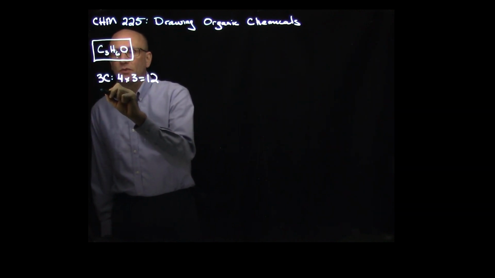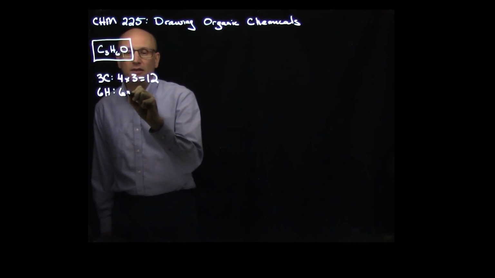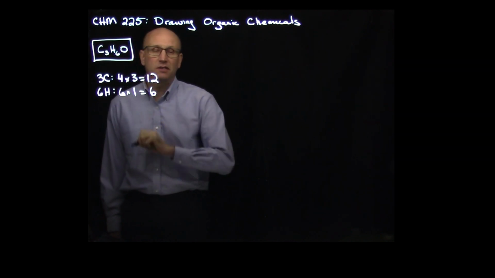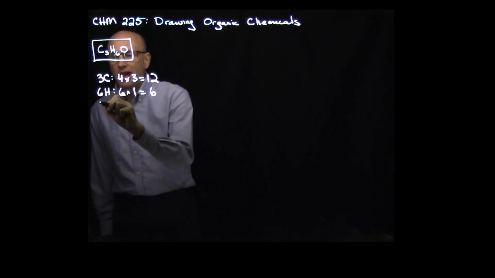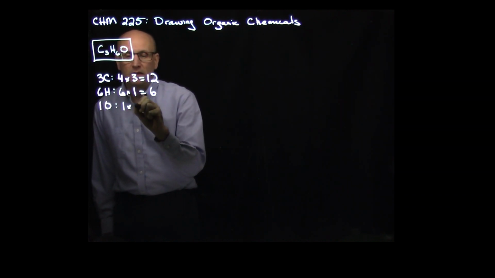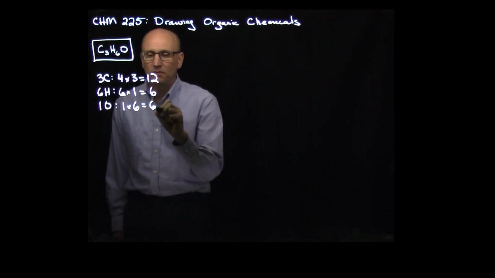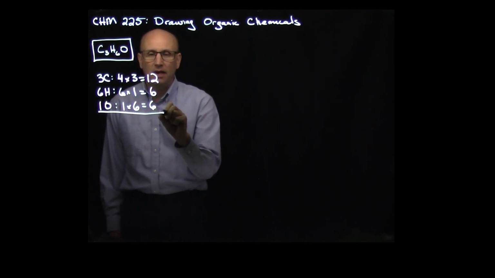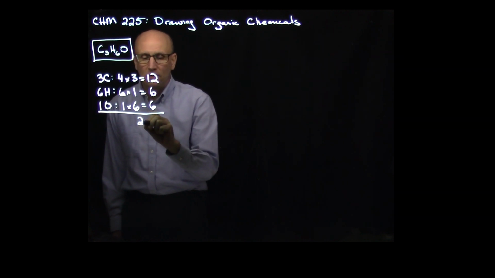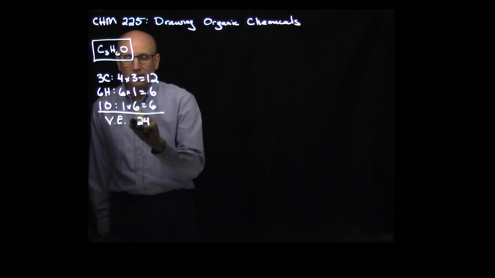With hydrogen, we have 6 hydrogens. Each of those hydrogens has 1 valence electron to give us another 6. And for that one oxygen atom, we have 6 valence electrons, since each oxygen atom has 6. Add all these up, and we can see very easily we end up with 24 total valence electrons.